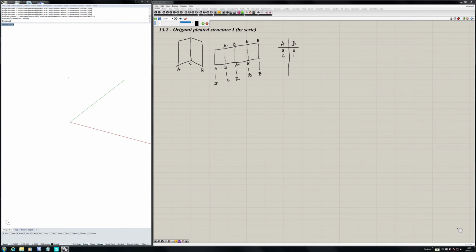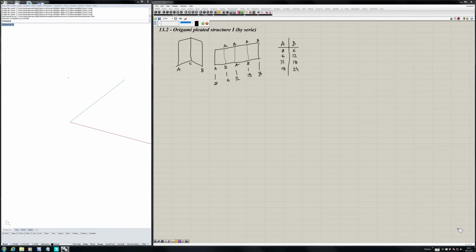6, 12. And the other, 12, 18, and then 18, 24.